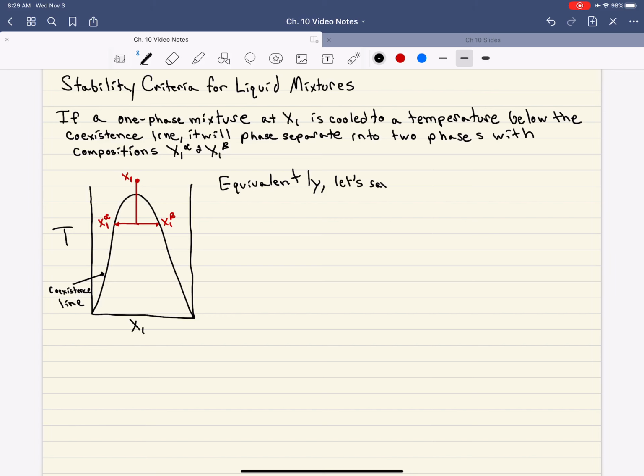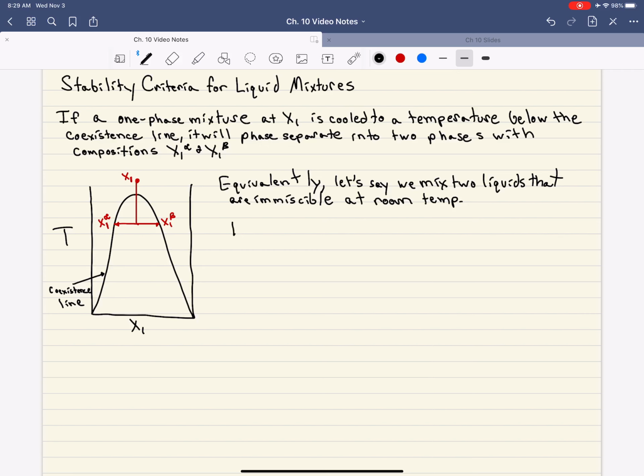let's say we mix two liquids that are immiscible at room temp. All right, and let's say if you heat it to a high enough temperature, everything becomes miscible.